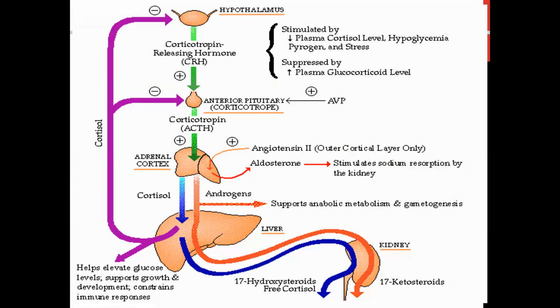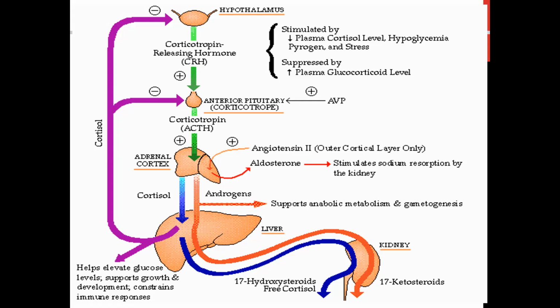Another stimulus is low blood pressure or low blood volume, which your kidneys will sense. The kidneys, especially the juxtaglomerular cells, will produce renin. This is an enzyme, and this will in turn activate your RAAS, the renin-angiotensin-aldosterone system.